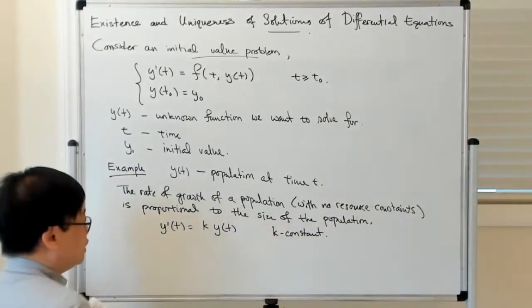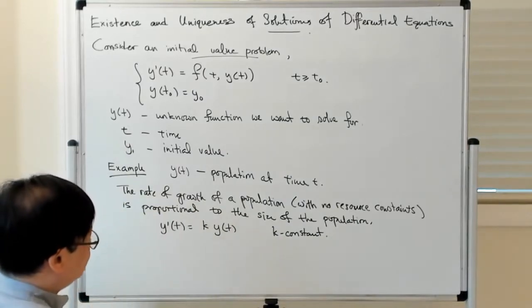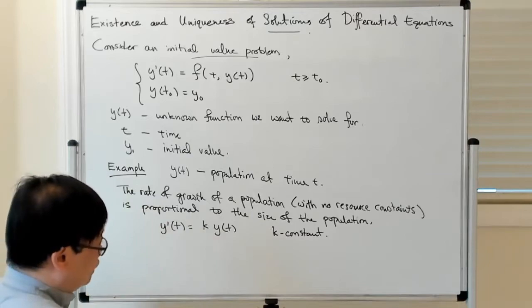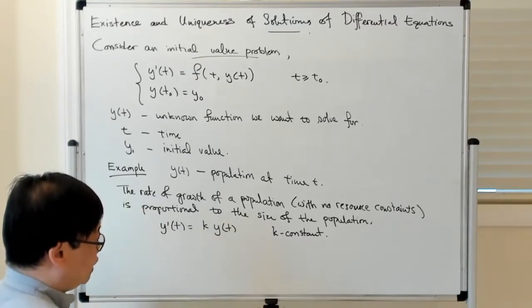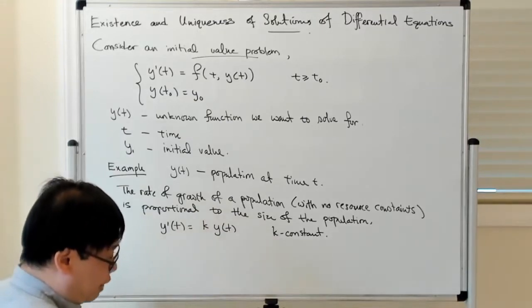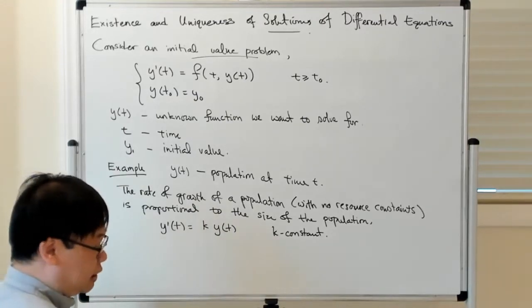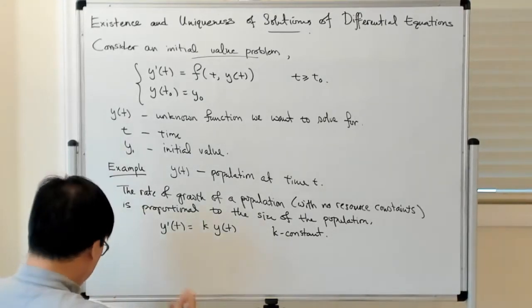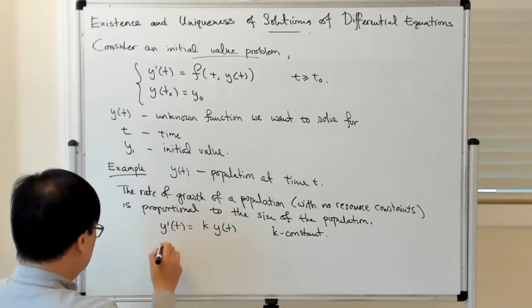This could be various types of populations. It could be the size of a given city, for example, or the number of viruses you have in a host body.